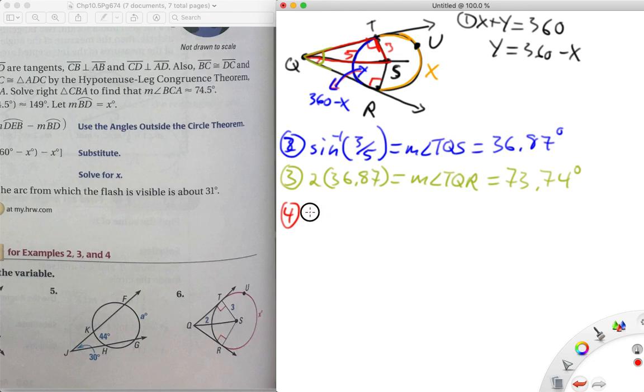So the measure of angle TQR is equal to 1/2 the measure of the outside arc, which is TUR, minus the measure of the inside arc, which is TR.